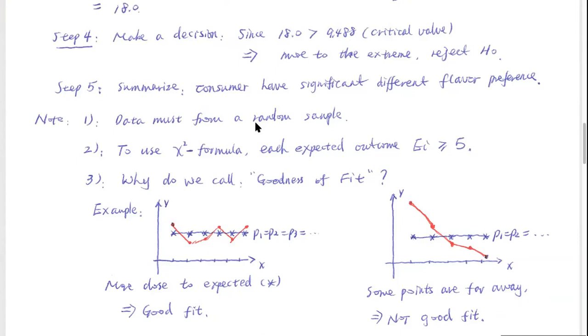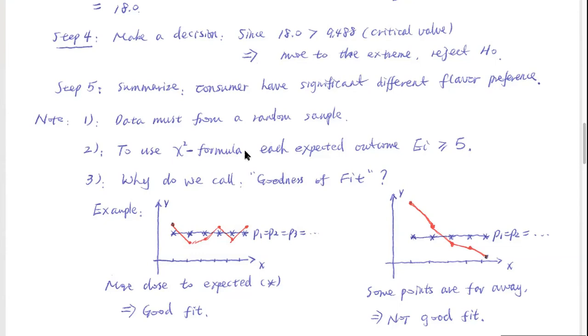If you are trying to design a soda for, for example, young people, you may want to focus on college students or high school students, relatively young people, and try to get them at random. You don't want all the samples coming from boys or all from girls. So try to get a good representation of your consumers.